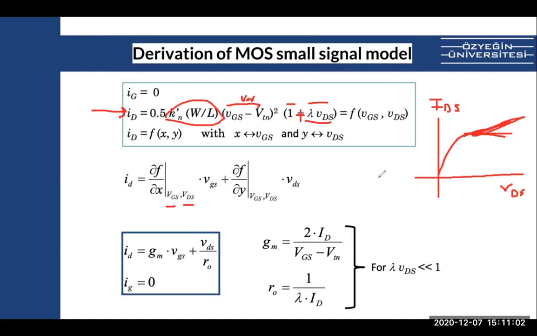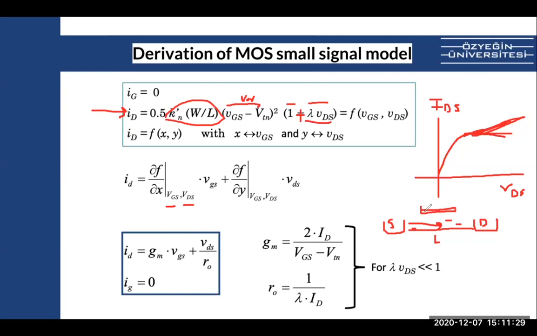Because if you look back at the physics, we had a channel with a length of L. The electrons move this way. There is a source, there is a drain here. The drain is a positive voltage, attracting the electrons. And we had a gate here.